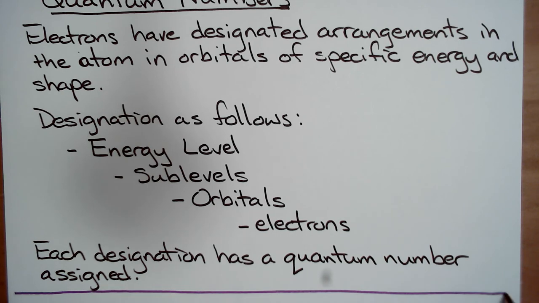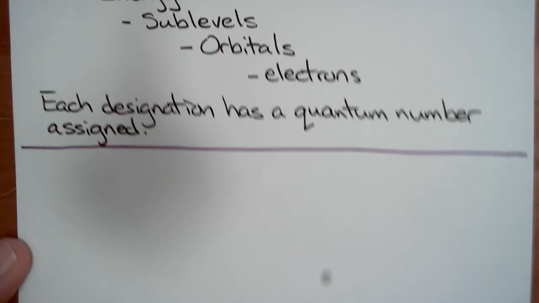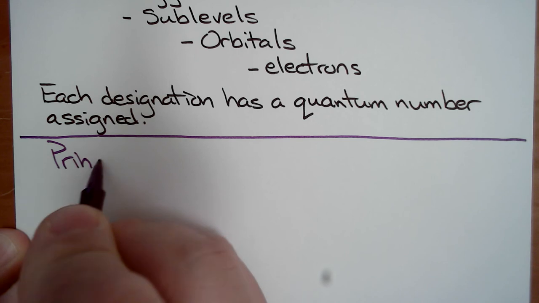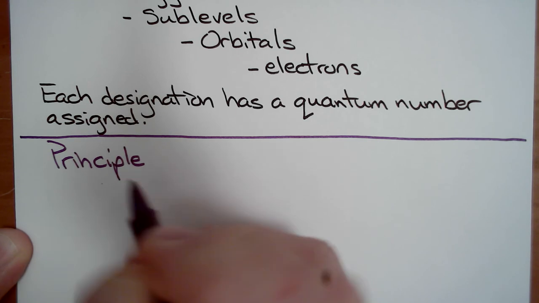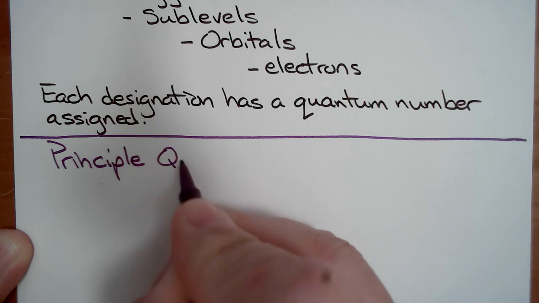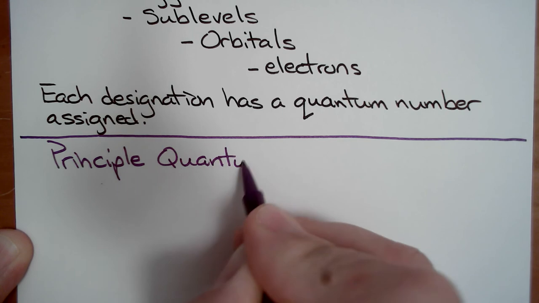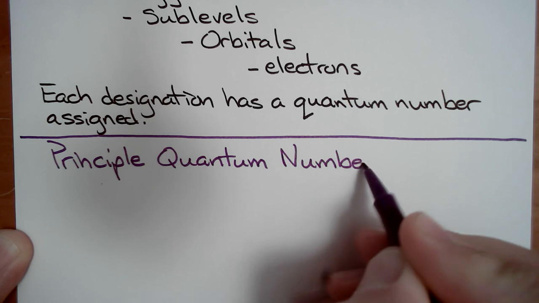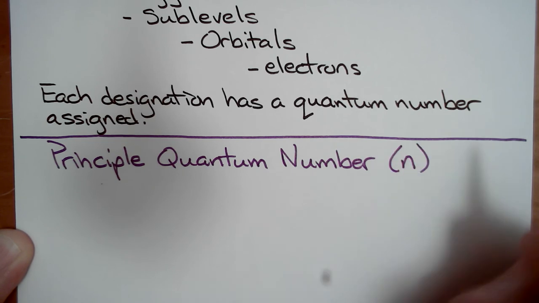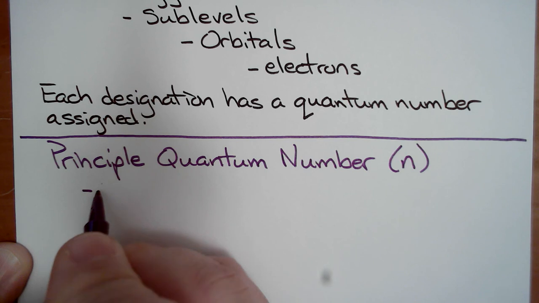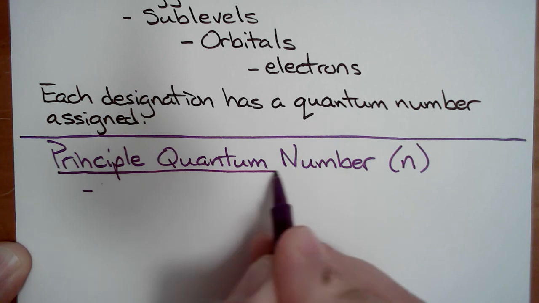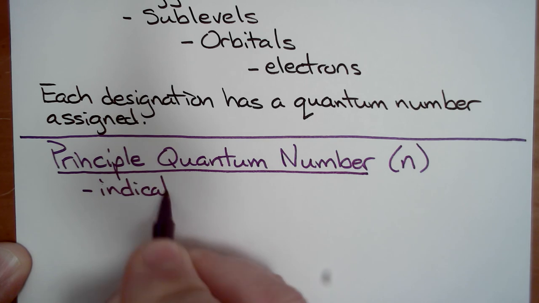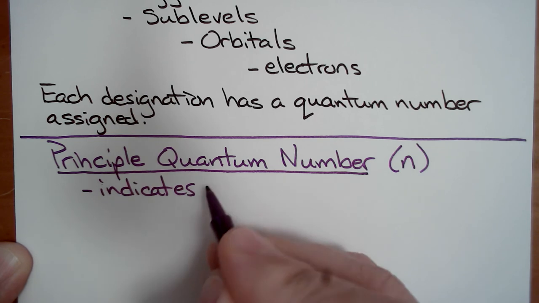So the first quantum number that we will discuss is the principal quantum number. The principal quantum number, represented with an n, indicates the energy level.